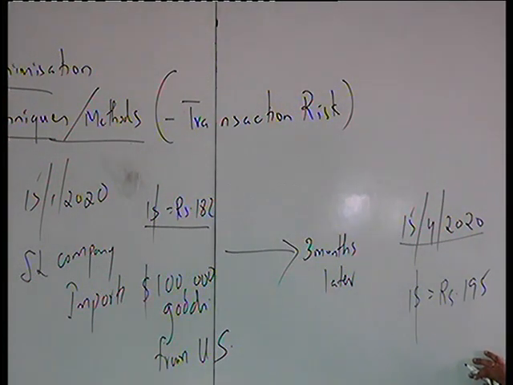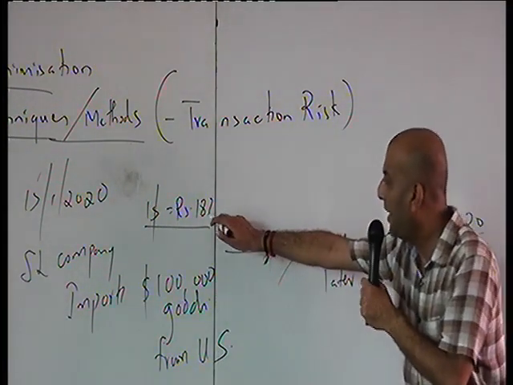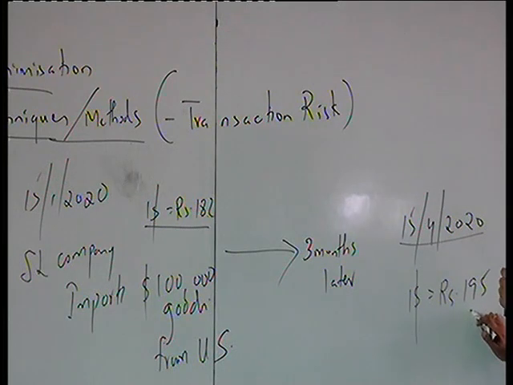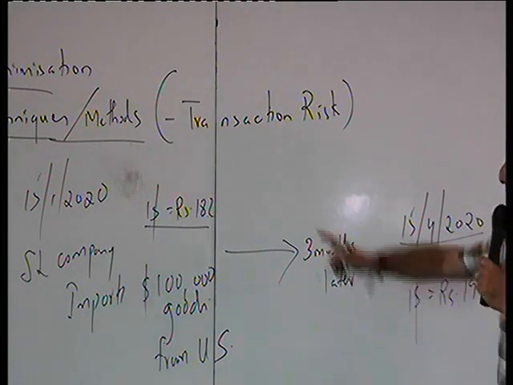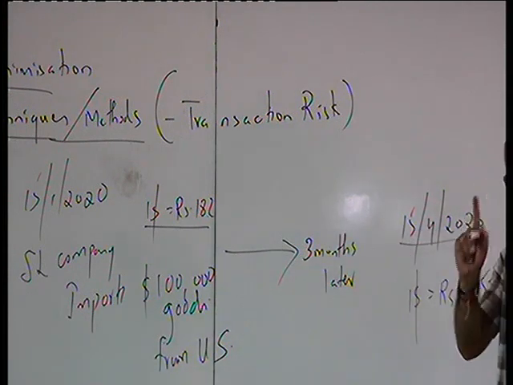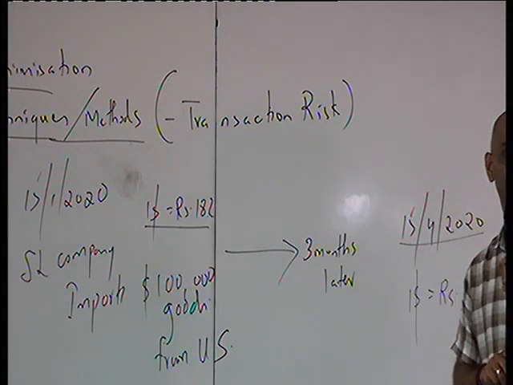So what is the risk we are talking? Adverse changes in the exchange rate resulting a loss to the company. 182, 195. In order to pay my supplier, I had to incur 182 to 195 rupees per dollar into $100,000.